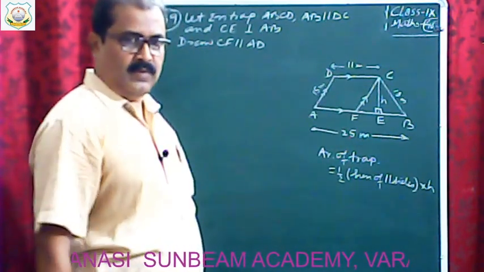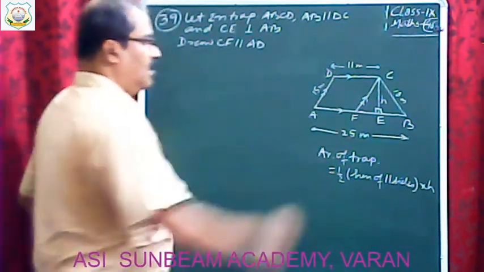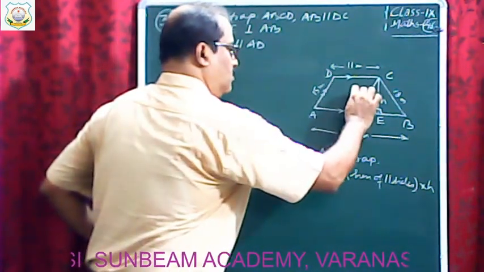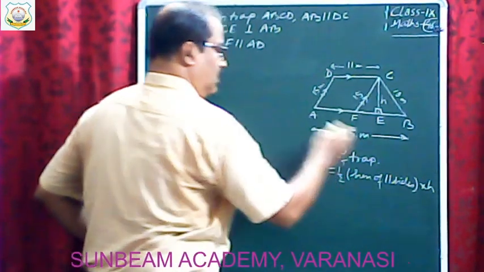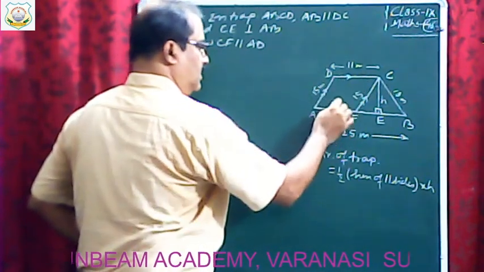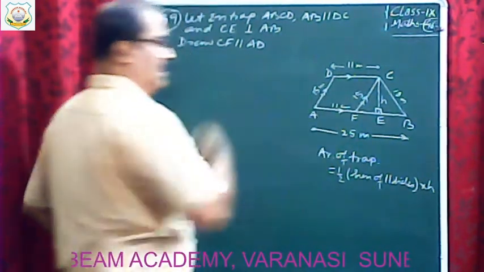So one parallelogram we have, then opposite sides are equal. So AD equal to CF, also 15 meter. AF equal to DC, it is 11 meter. That you have to show.